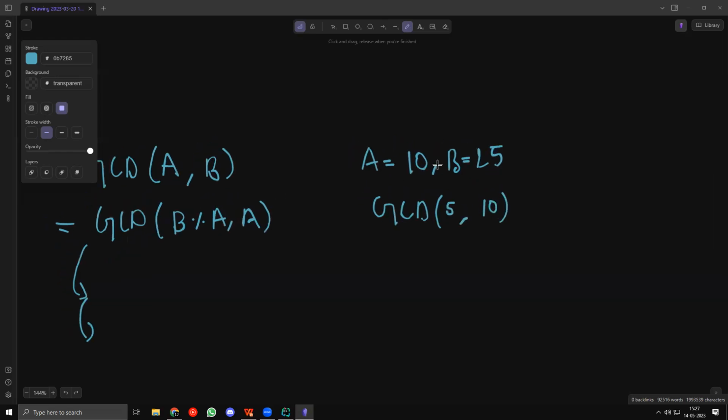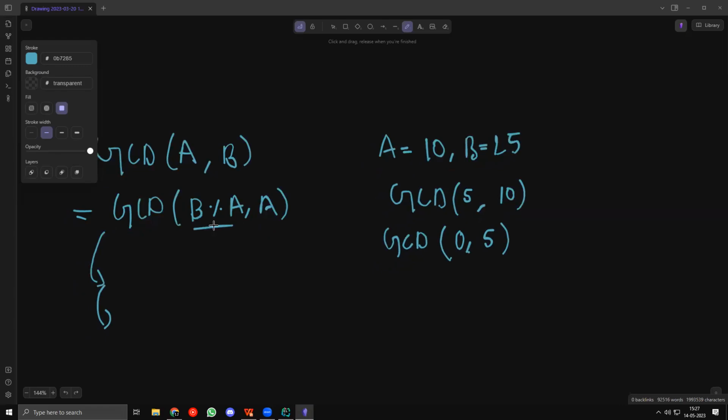It's saying that the GCD of 25 and 10 is the GCD of 5 and 10, which is the GCD of 0 and 5. So what it says is basically, if B modulo A is equal to 0 at any point, then the answer is A. If B modulo A is 0, then we cannot repeat this anymore.